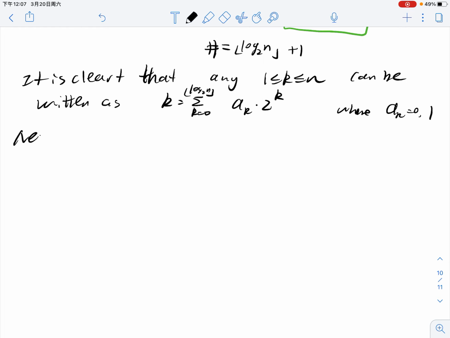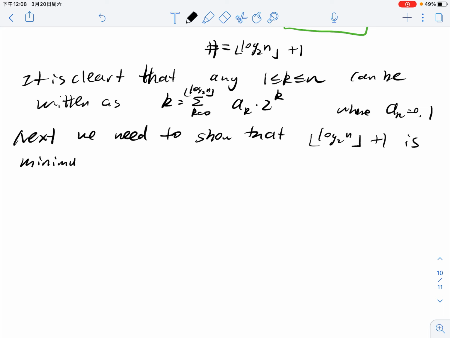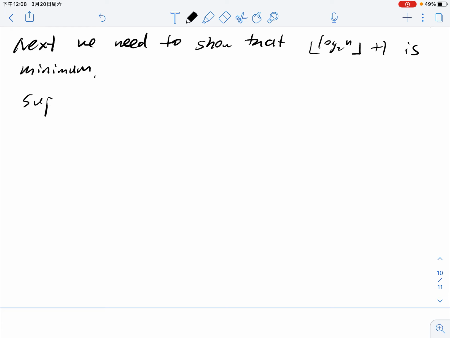Okay, next we need to show that this number is minimum. And we prove by contradiction. Suppose we only need k weights, a_1 to a_k, to do the task.